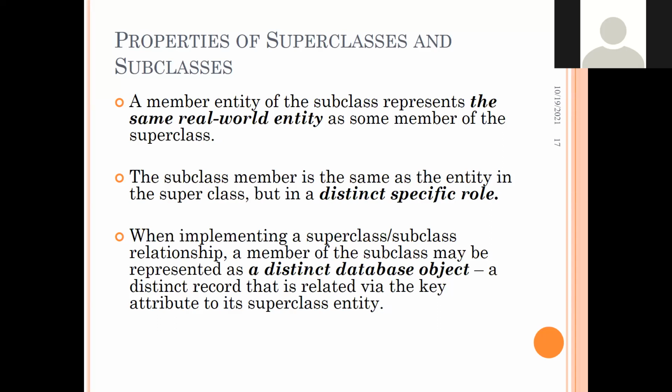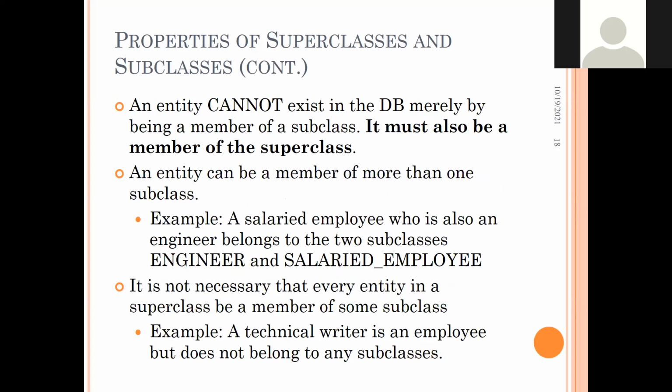So the subclass member is the same as an entity of the superclass, only that the subclasses may have distinct roles, like what we have seen. So when implementing a superclass and subclass relationship, the member of the subclass may be represented as a distinct database object that is the same.